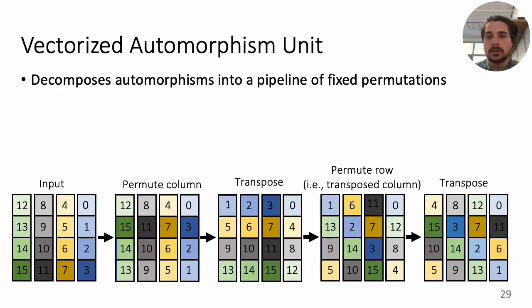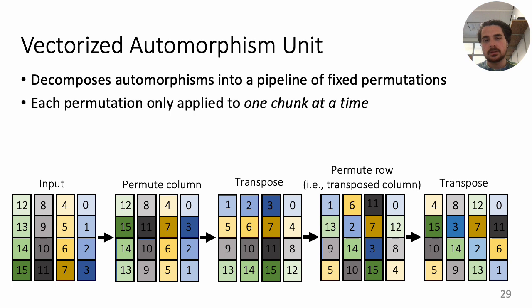Now, we're the first to notice that an automorphism can be decomposed into a fully pipelined functional unit. The unit divides the automorphism into a pipeline of fixed permutations that operate only within chunks and not across chunks. To accomplish this, we first apply a set of permutations to each chunk, then transpose, then apply a different set of permutations, and finally transpose back.